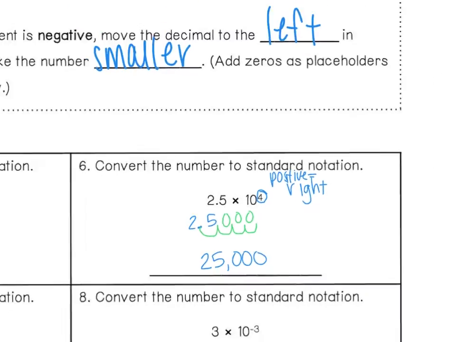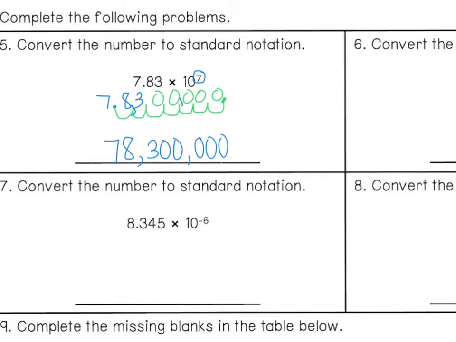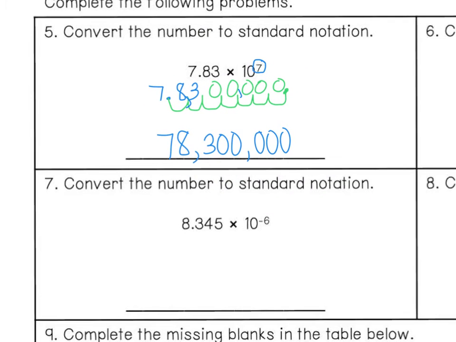All right, next example. Convert the number to standard notation. So I have 8.345 times 10 to the negative 6th power. So look, I have a negative 6, so I'm going to move it now to the left 6. So remember, negative is to the left.